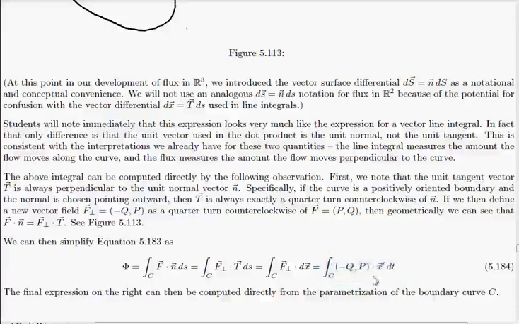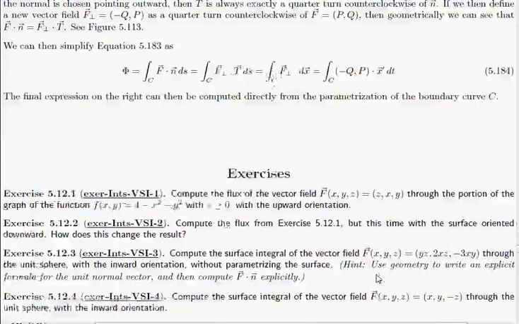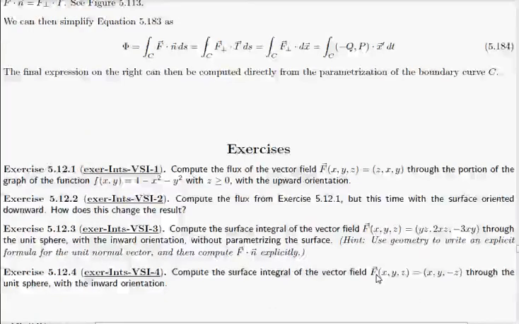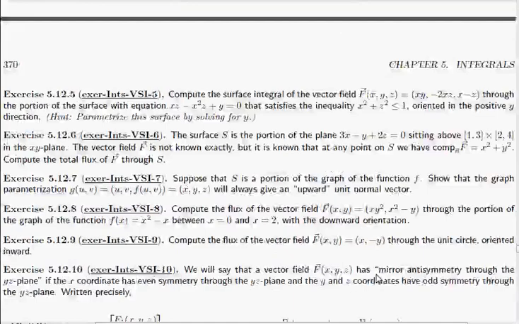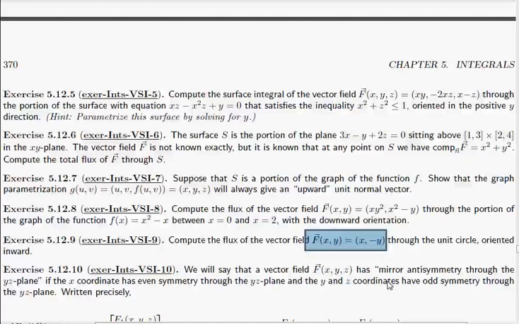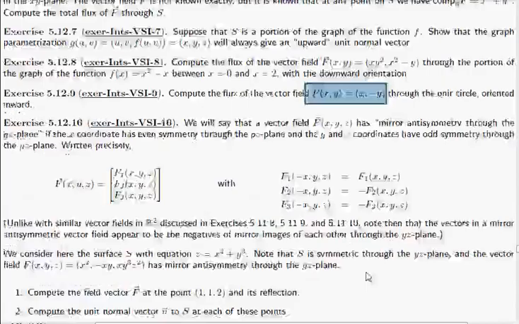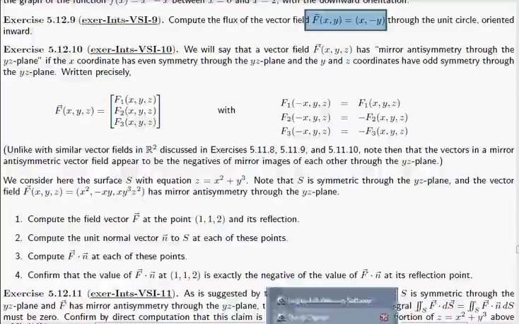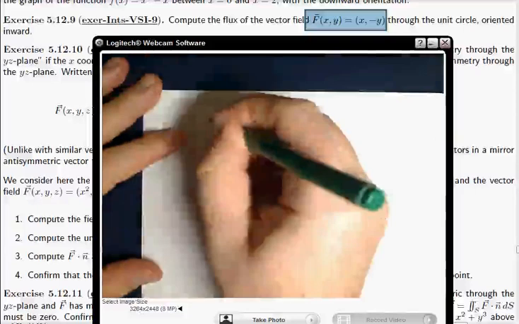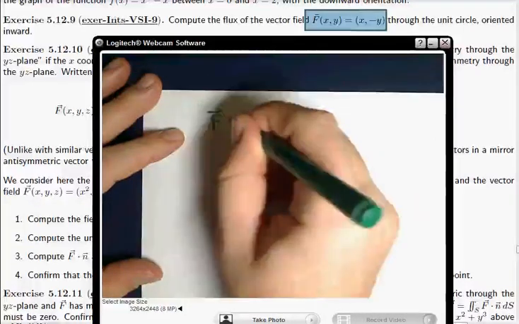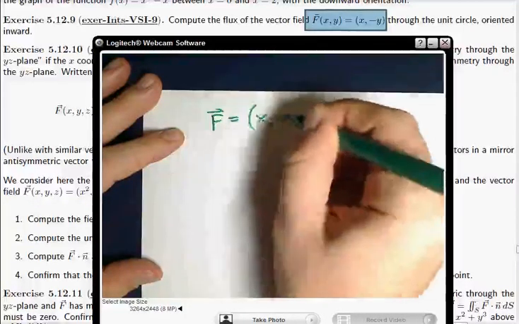So in particular, we're going to apply this to, let's see, what question are we doing here? I already forgot. 9? Yeah, okay. So our vector field is x comma negative y. Let's write this down. So F is x comma negative y.